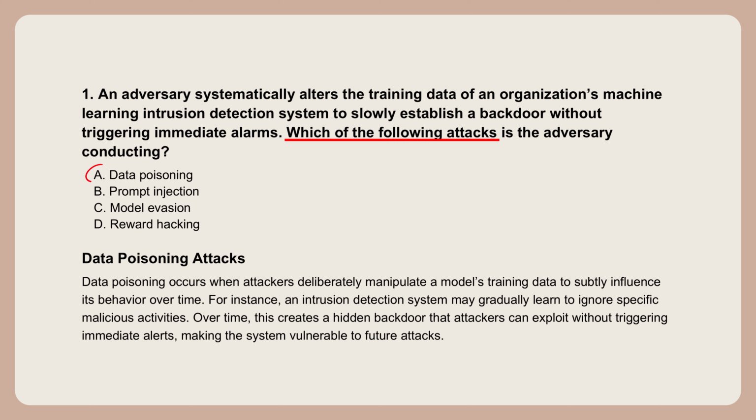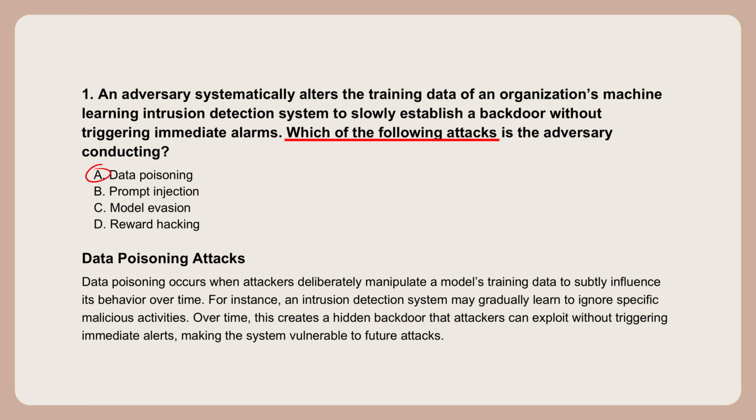The text explains that data poisoning happens when an attacker manipulates the training data to make the model behave incorrectly. In this specific scenario, malicious data is being slowly and methodically added. As a result, the intrusion detection system actually learns to ignore certain attacks, which creates that hidden backdoor. It's kind of like slowly teaching a guard dog to ignore a very specific whistle. You do it over months, and the owner never notices.